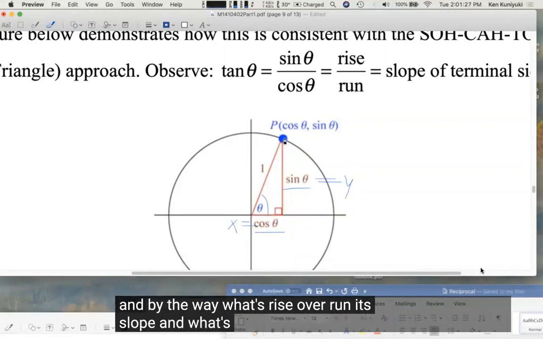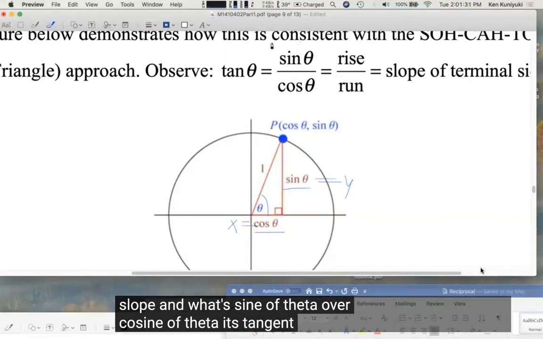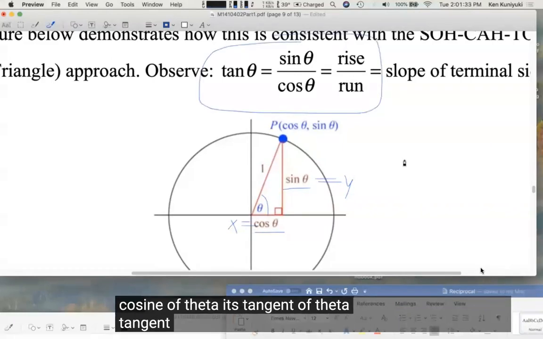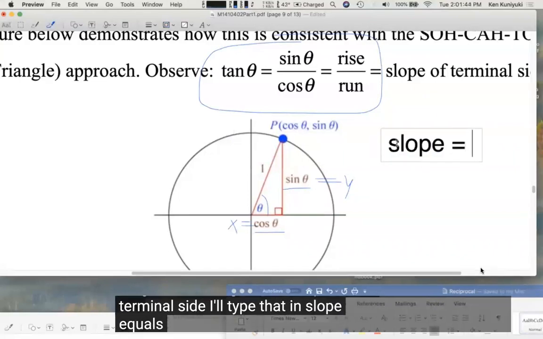It's slope. And what's sine of theta over cosine of theta? It's tangent of theta. Tangent of theta gives the slope of this terminal side. I'll type that in. Slope equals the tangent of theta.